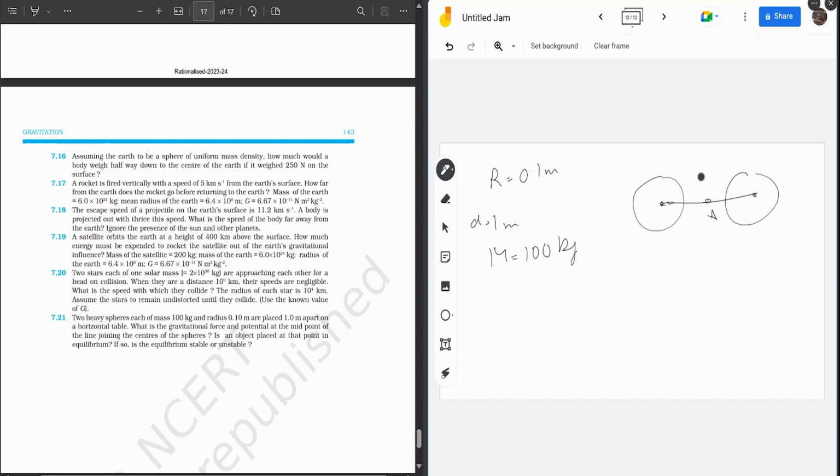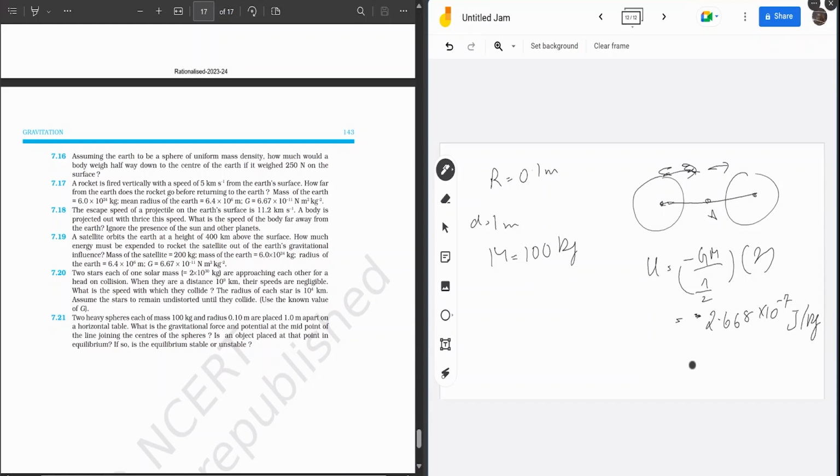At this midpoint, this sphere attracts towards this side and the other sphere attracts towards the other side. So gravitational force at the midpoint will be 0. Okay, so potential will be minus GM by r2 into 2. Calculating the total, you get minus 2.668 into 10 to the power of minus 7 joules per kg.